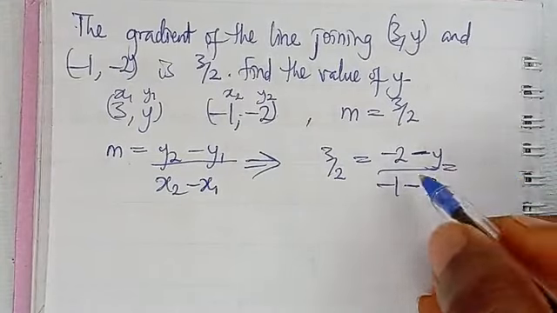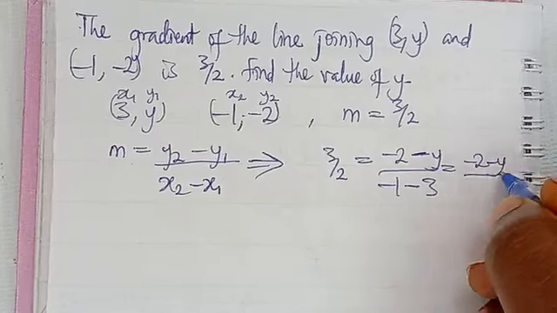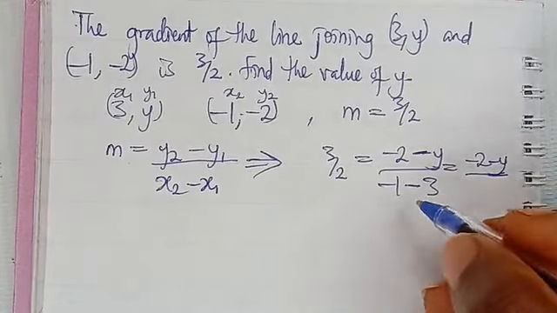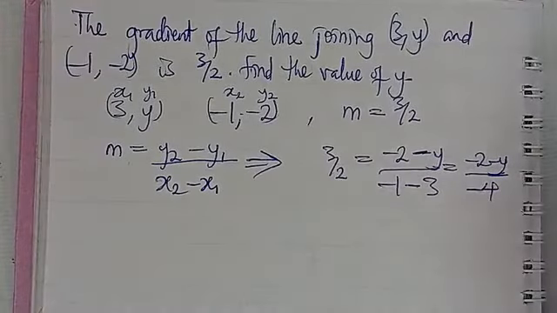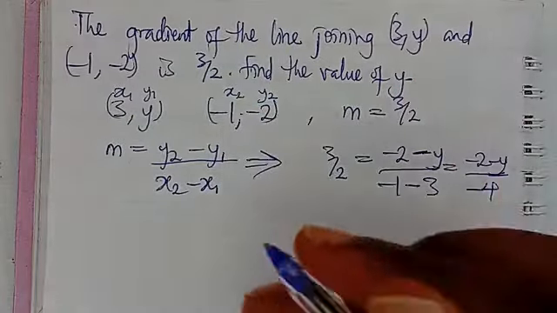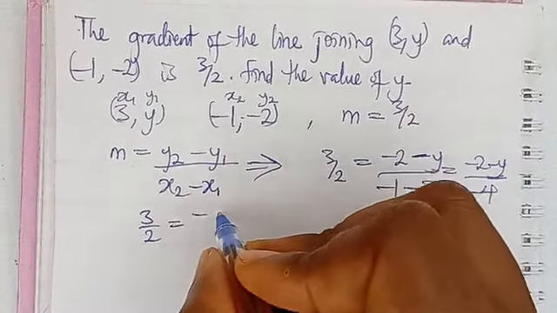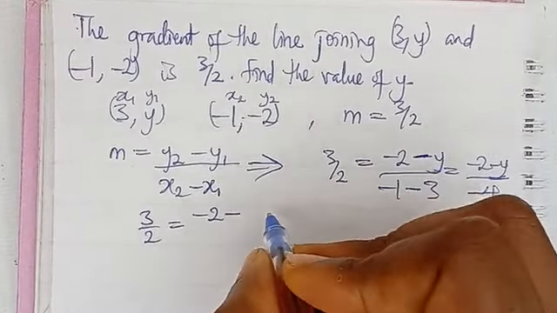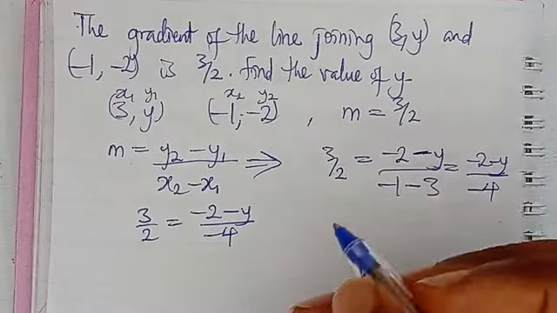Here we have -2 minus y, which remains -2 minus y because we don't know what y is, over -1 minus 3, which is -4. Okay, now let's put this together. We have that 3 over 2 is equal to (-2 minus y) over -4.